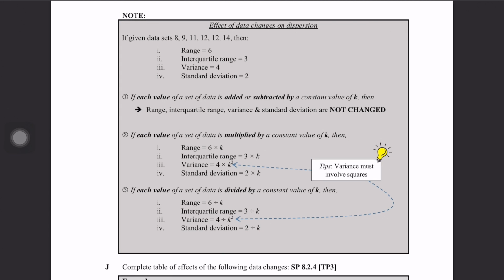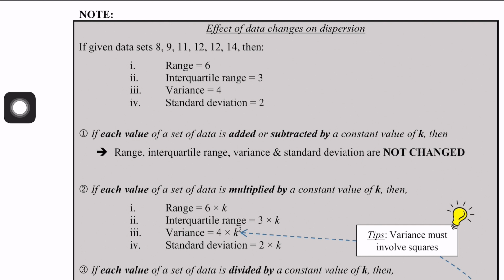Today we're going to learn what is the effect of data changes on dispersion. Let's go through the notes one by one. If given a data set, for example 8, 9, 11, 12, 12 and 14, from this data set we know that the range is 6. How do you know the range is 6?